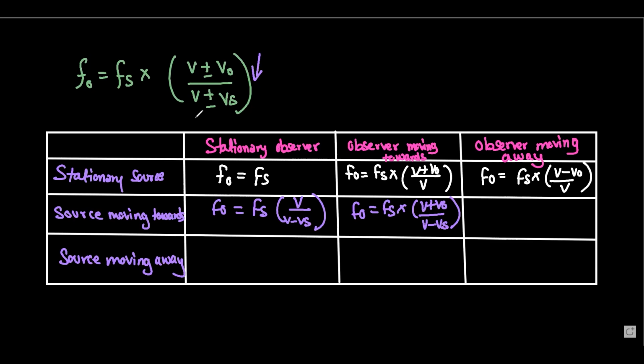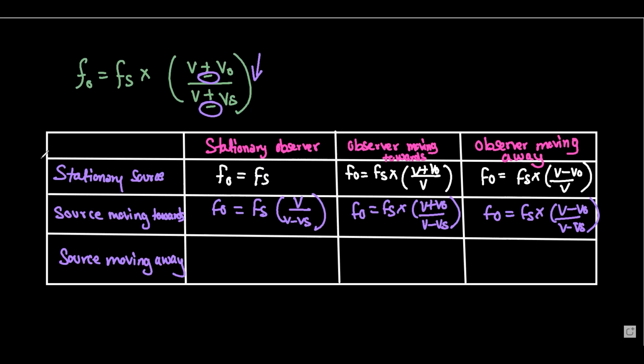If the source tries to increase the observed frequency, the negative sign has to be used, and the observer wants to decrease the frequency. So in this case, a negative sign is used as well. So F naught will be equal to Fs into V minus V naught over V minus Vs.